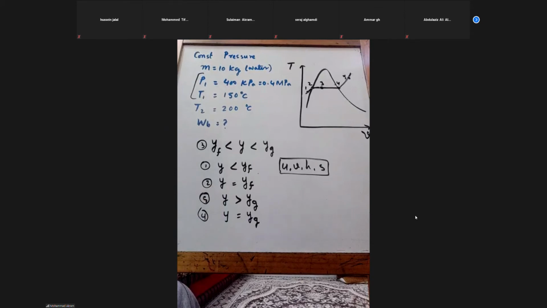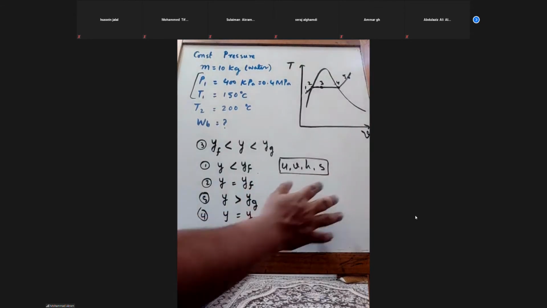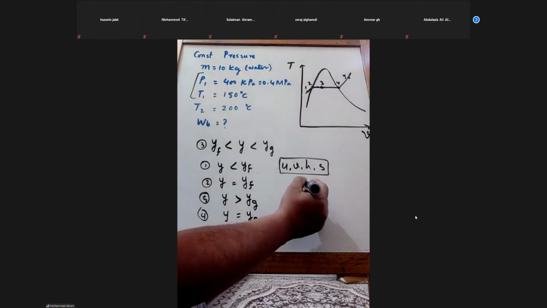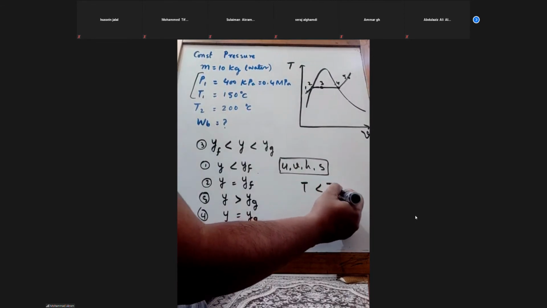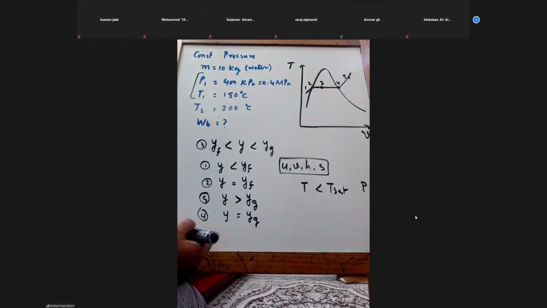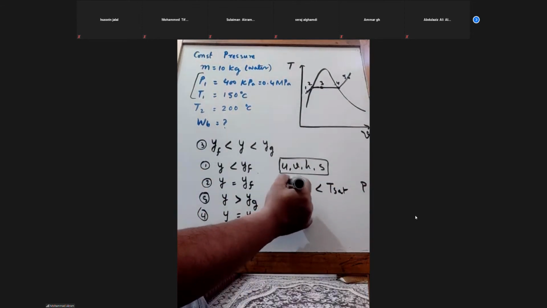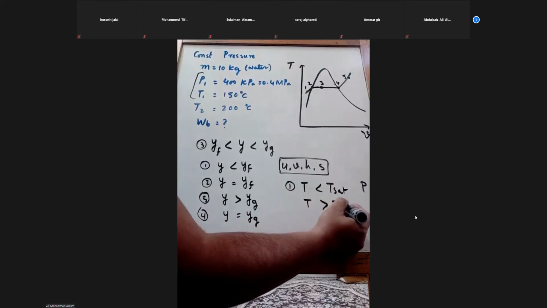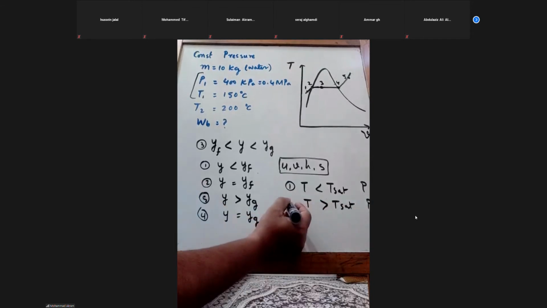But if instead of u, v, h, s, only temperature and pressure are given, then how to check that? If T is less than T saturated for a given pressure, then it is condition 1. If T is more than T saturated for a given pressure, then it is condition 5.